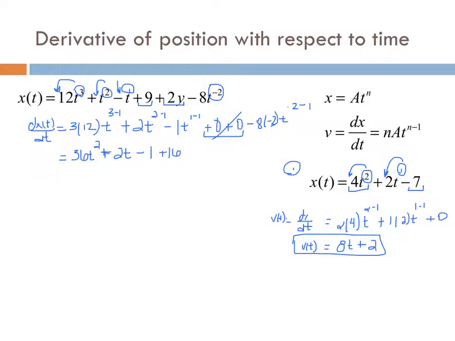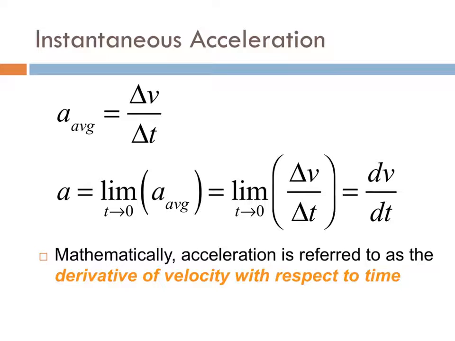And this is our velocity function. We said that velocity was the derivative of position with respect to time.